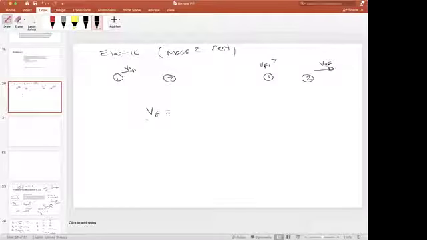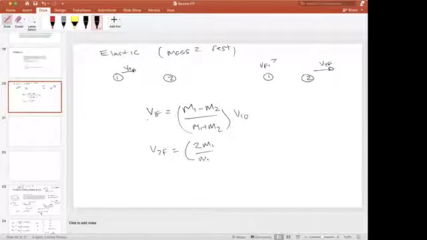If you want to find V final for mass 1, it's M1 minus M2 over M1 plus M2, times V1 initial. They're in your book, in the chapter. They're a little annoying to find sometimes. I sometimes have trouble figuring out what page they're on. But you can see here that V2 final is always going to be positive.